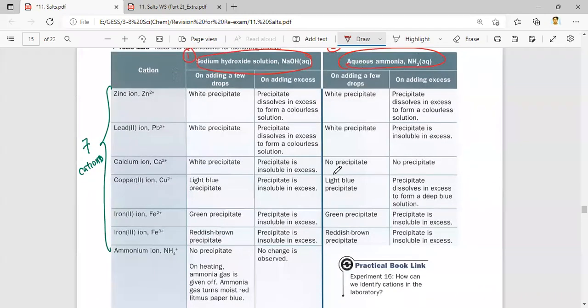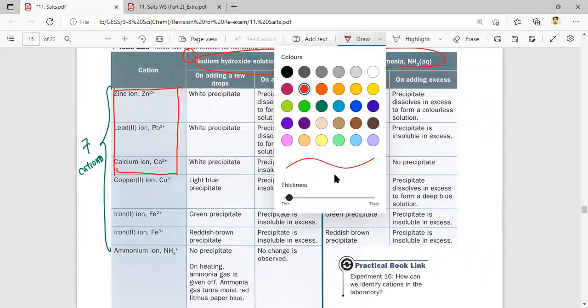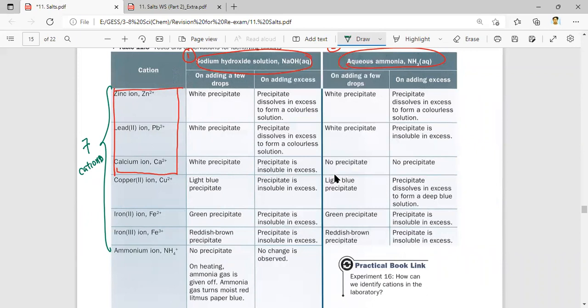So first thing, let's split it up. Amongst these few, I just want you to take note. Let's group zinc, lead, and calcium together. These three, we group them together. The second cluster is copper, iron 2 and iron 3.